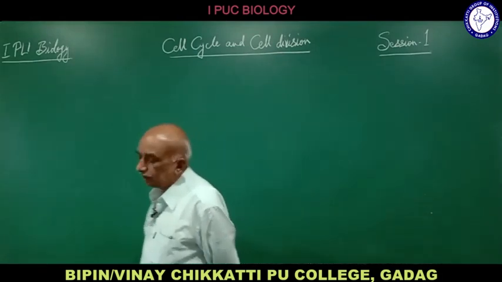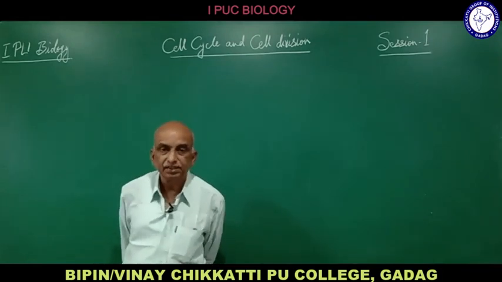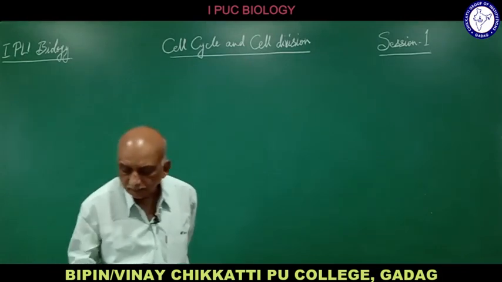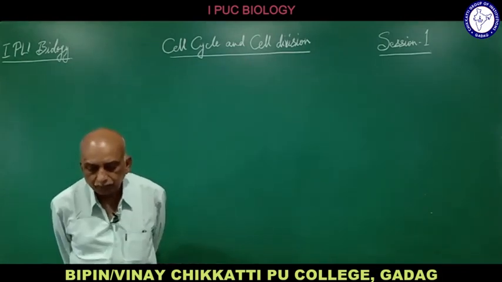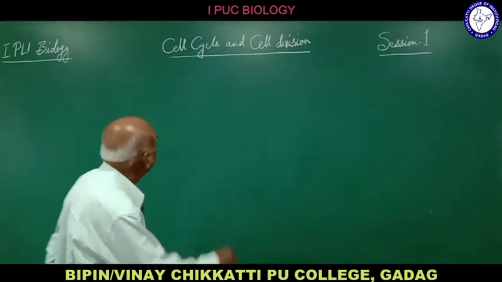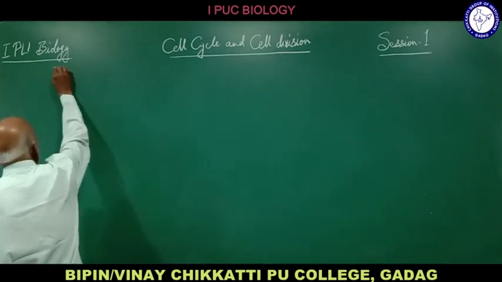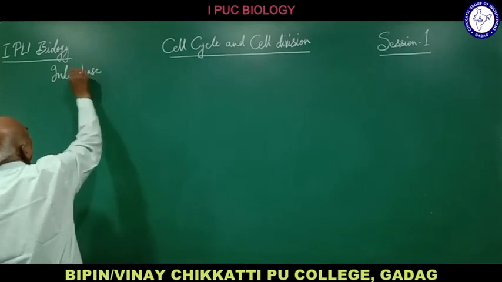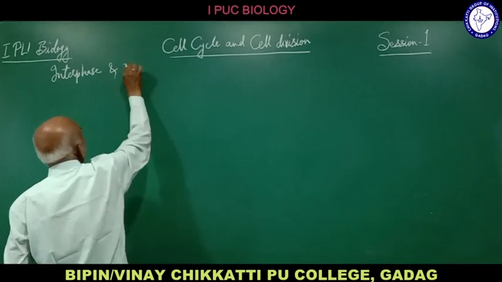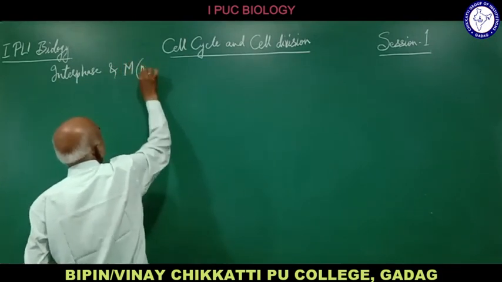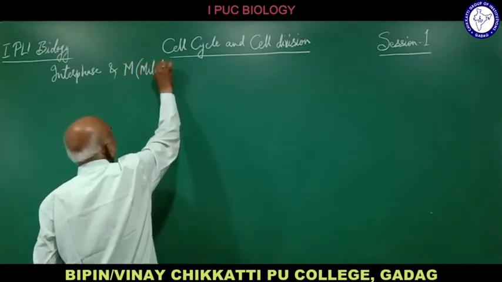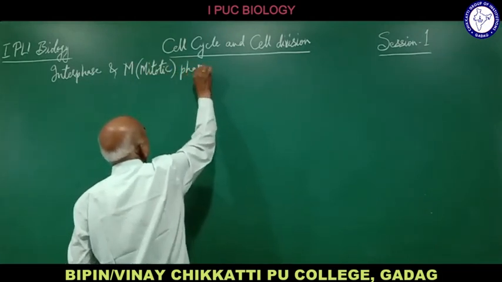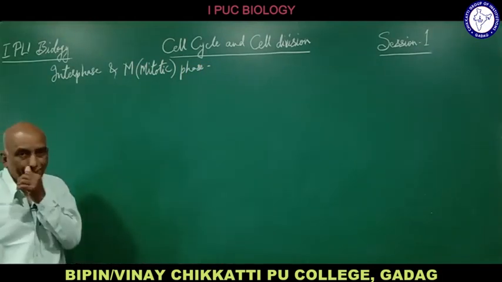And what are the steps or events in this cell cycle, we shall study. So the cell cycle is divided into two basic phases, that is the interphase and the M phase, which is also called the mitotic phase.